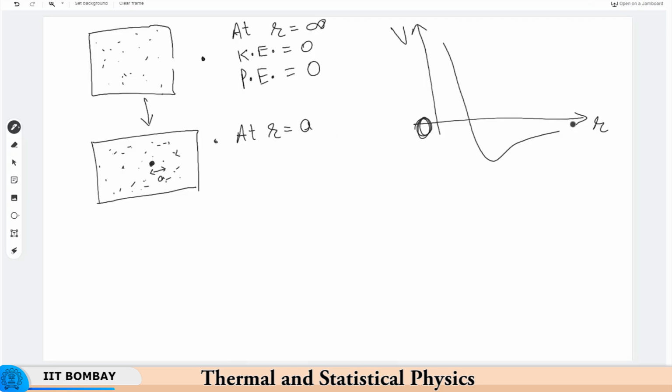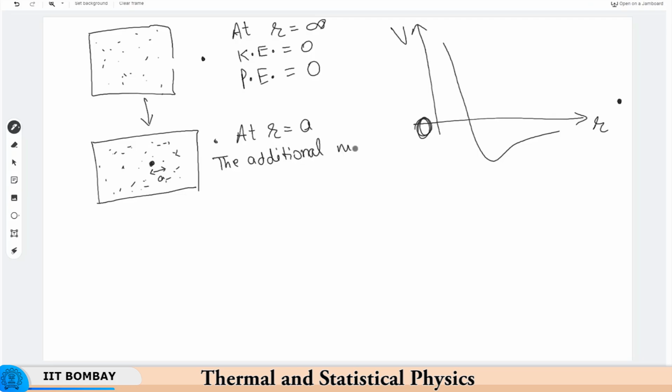Our particle is far away, at infinity, its potential is 0, but as we bring it closer, it basically falls down the potential well, and as a result it will gain certain kinetic energy.